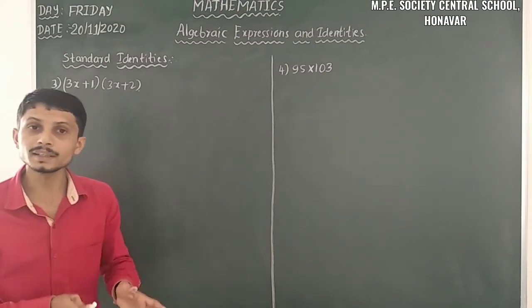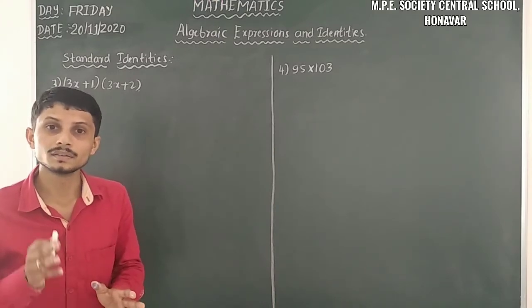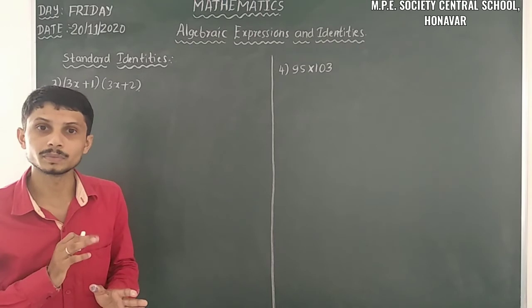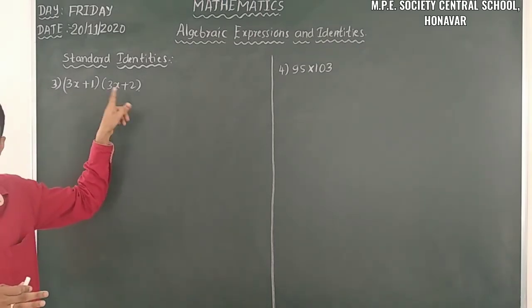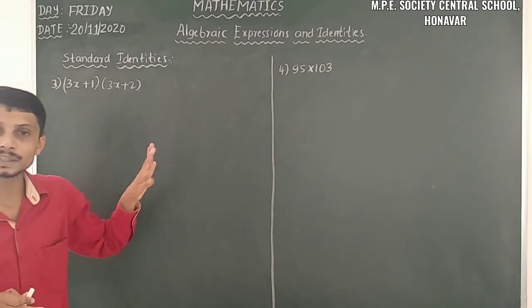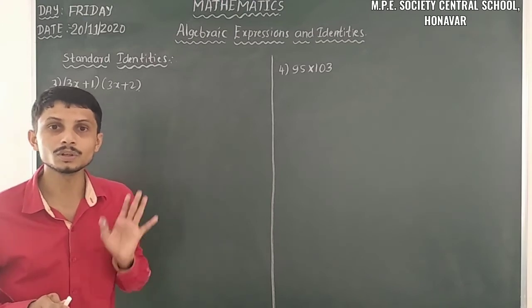That means we can't take (a + b) whole square, (a − b) whole square or (a + b)(a − b), because here the first part is the same and the second part changes. So here we can use only the useful identity, that is (x + a)(x + b).